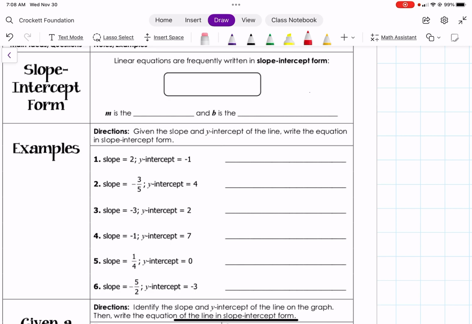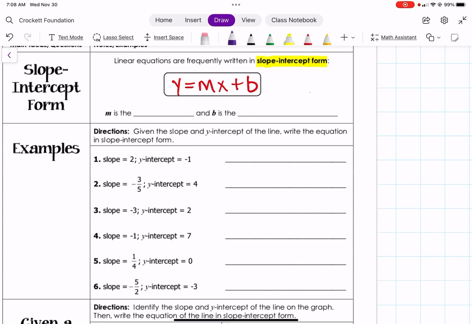Now, first thing we need to know is the slope-intercept form of a line, which is y equals mx plus b. This is one of the most commonly used famous formulas in algebra, along with the slope formula. So with that being said, two of the letters represent something else.